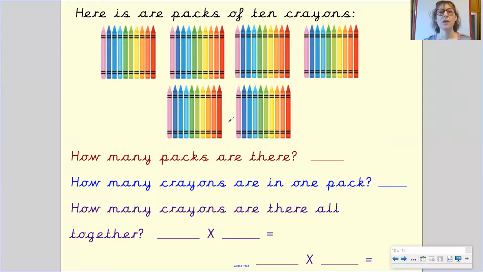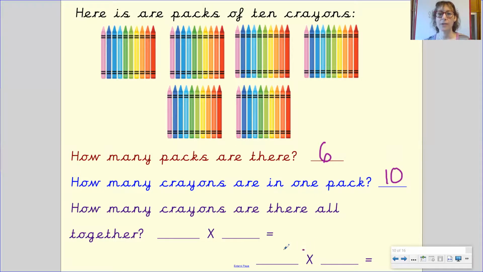Okay. So we have some packs of crayons. There are 10 crayons in each pack. 1, 2, 3, 4, 5, 6, 7, 8, 9, 10. How many packs are there? So there are 1, 2, 3, 4, 5, 6 packs. And how many crayons in one pack? 10. It says so. 10.